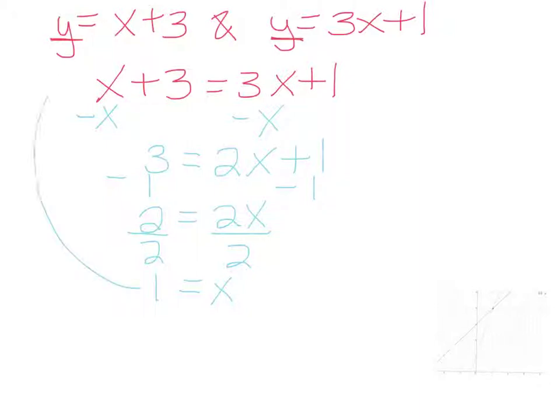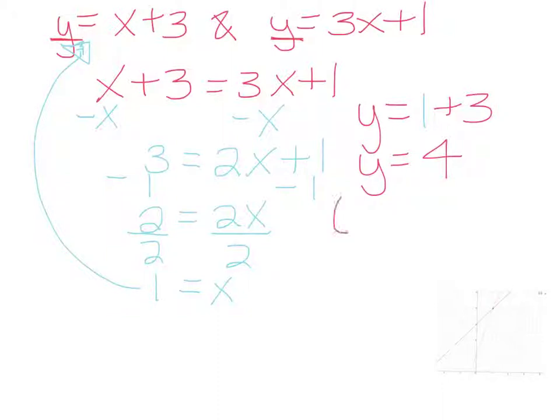So let's go ahead and plug it back in to this equation for x. Thus, we are going to get y is equal to x, which is 1, plus 3. Well, 1 plus 3 is 4, so that means that y equals 4. Therefore, these two lines should cross at (1, 4), because we saw that x was 1 and y was 4.